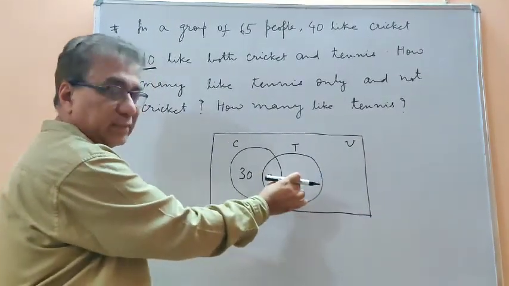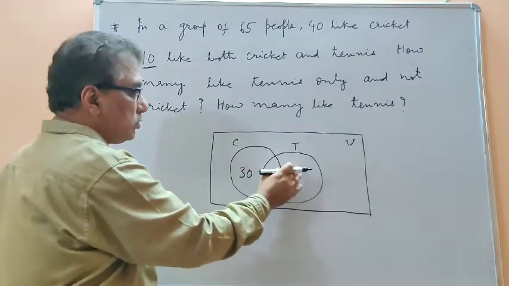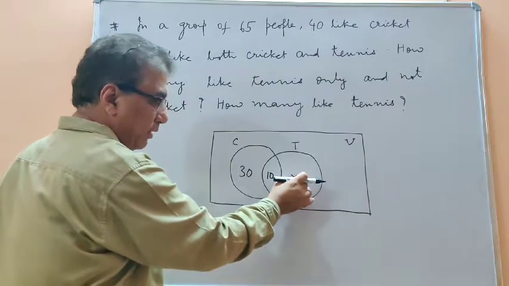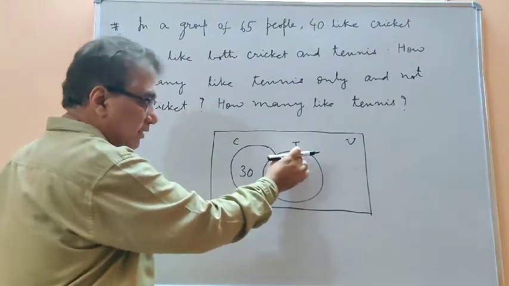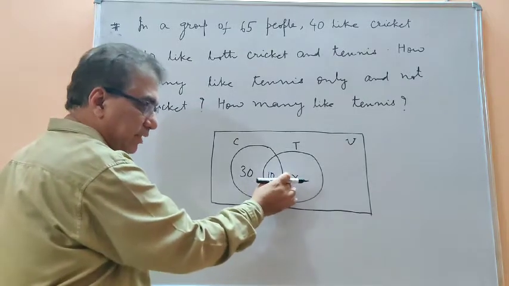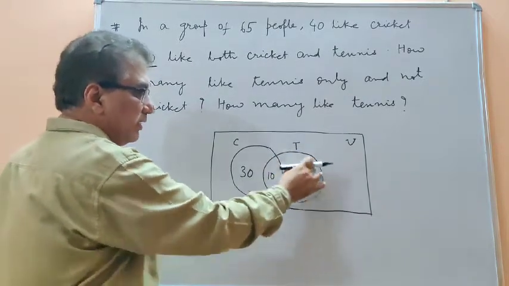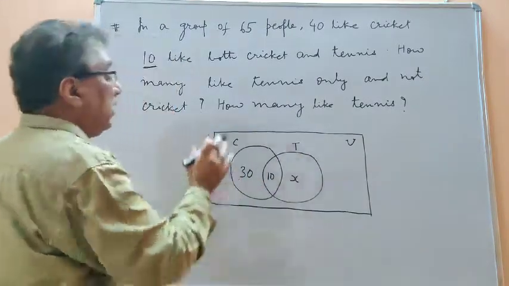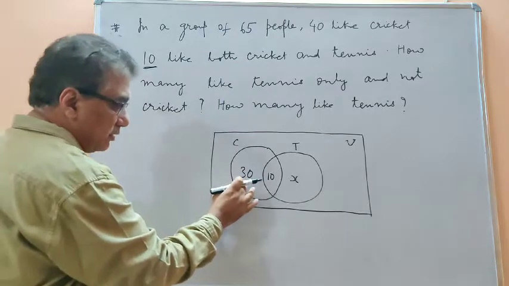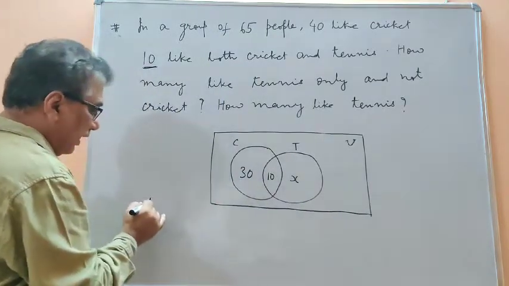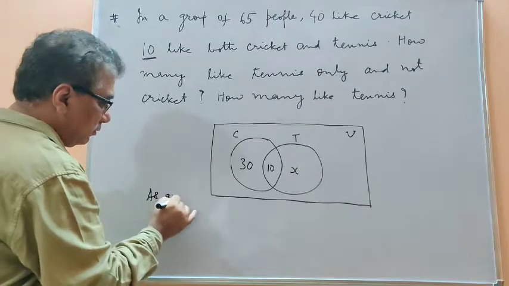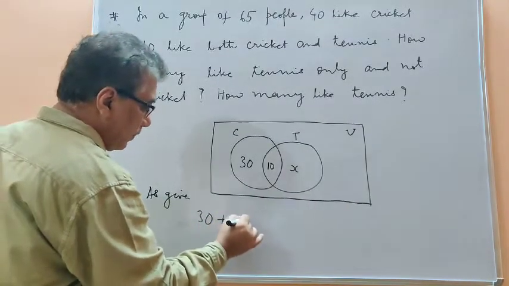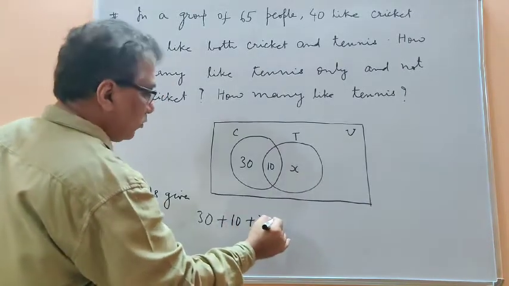So what does this x represent? X represents those people who like tennis only. Those people who like tennis, this 10 will be added to this. So the people liking tennis will be 10 plus x, and the people liking only tennis will be x. And what is this 65? 65 is the sum of these three. So as given, 30 plus 10 plus x is equal to 65.